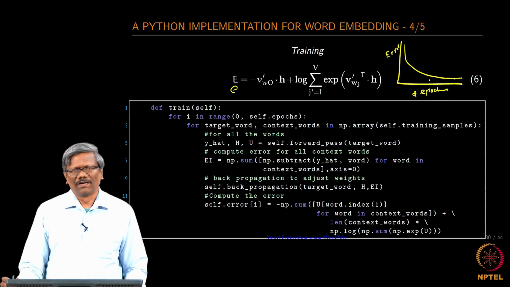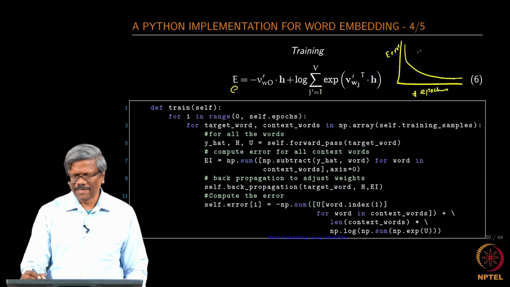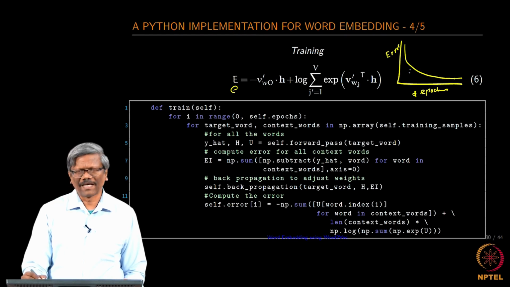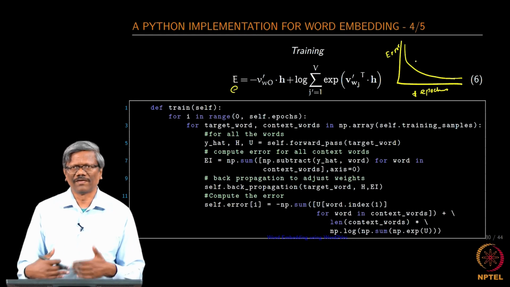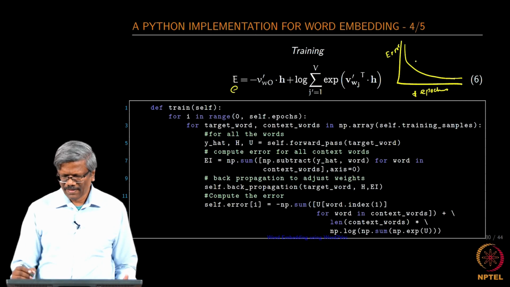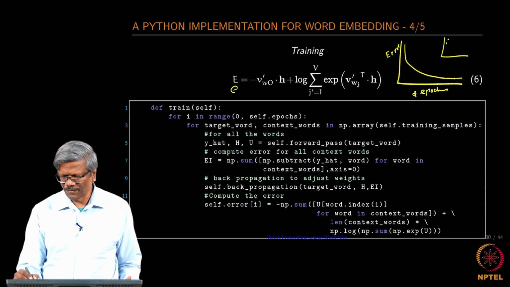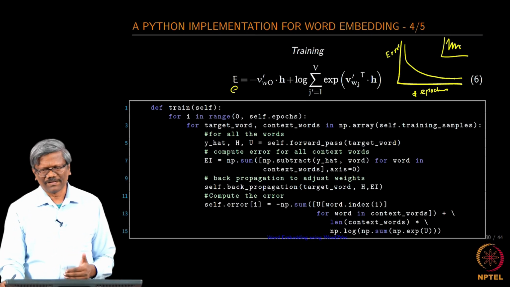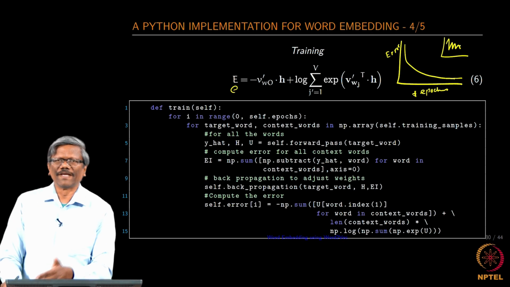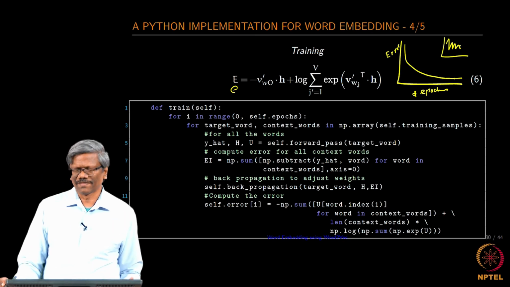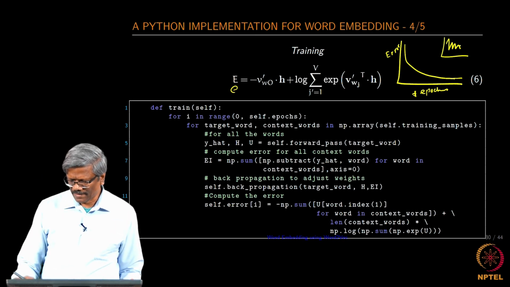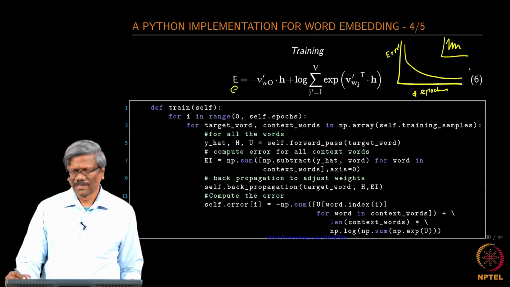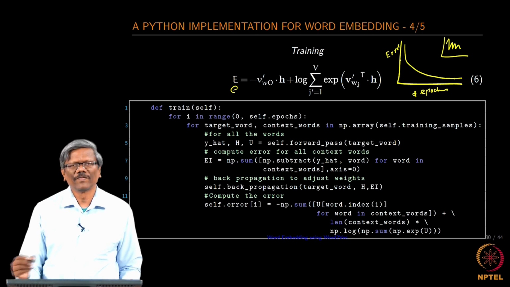Initially it will be random. Keep a tab on this when you start doing the training part, and then see how it goes. Sometimes if you have not done your implementations right, it will be very erratic in this fashion, or if the learning parameter is not appropriately chosen, it will also not be in this fashion.